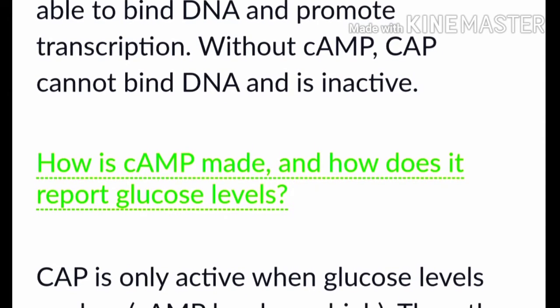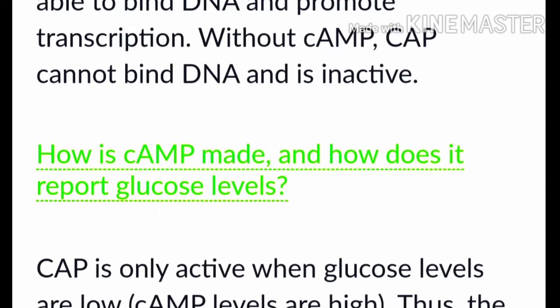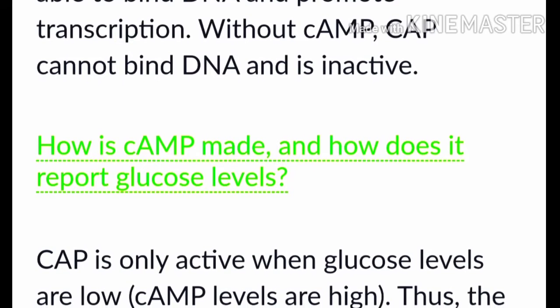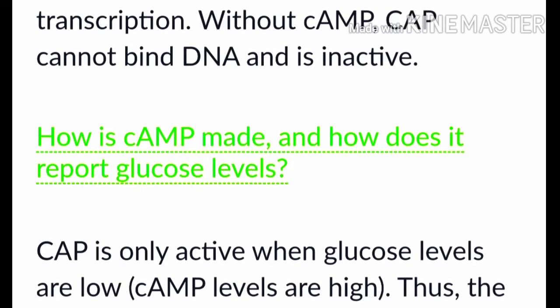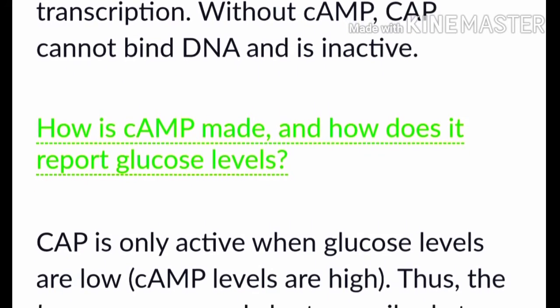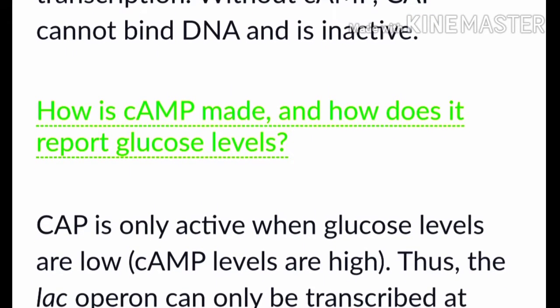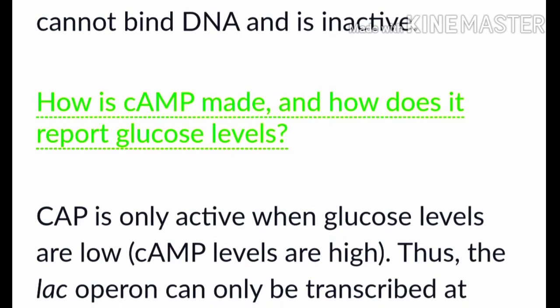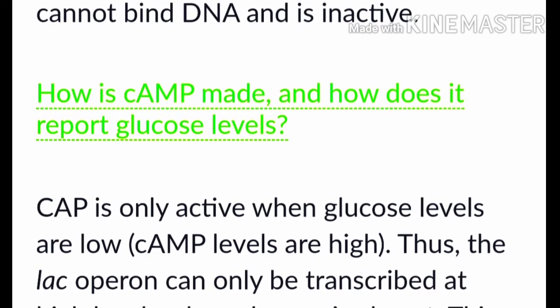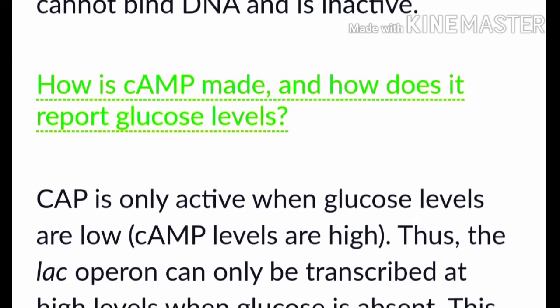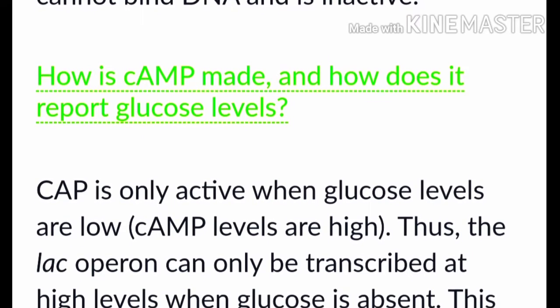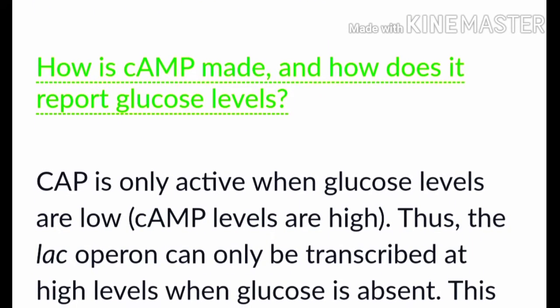Now the question here: how is cAMP made and how does it report glucose level? The CAP is only active when glucose levels are low and cAMP levels are high.